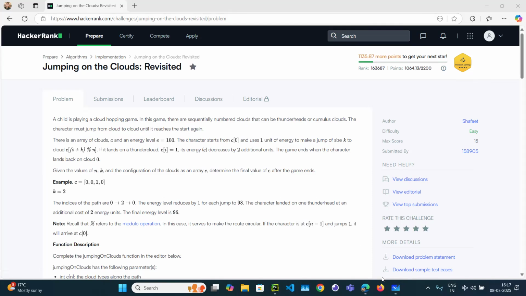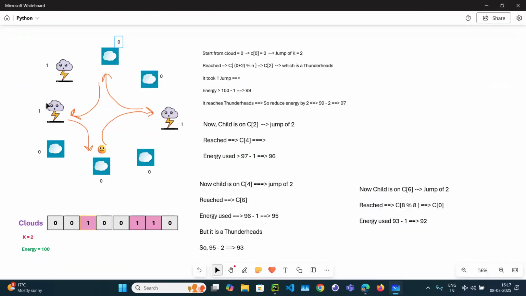So they said you have some clouds. As an example, you could see you have some clouds in a circular manner, and you have, let's suppose, this character. This is a child, and this child is jumping from here to here to here, and he will jump until he reaches the starting position.